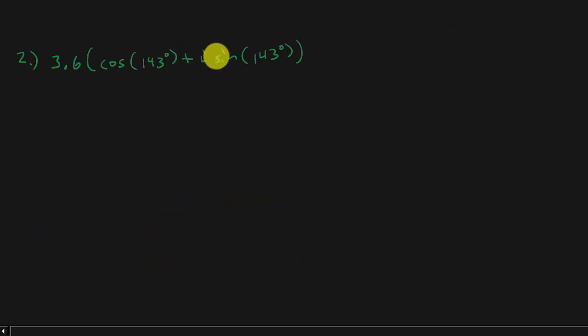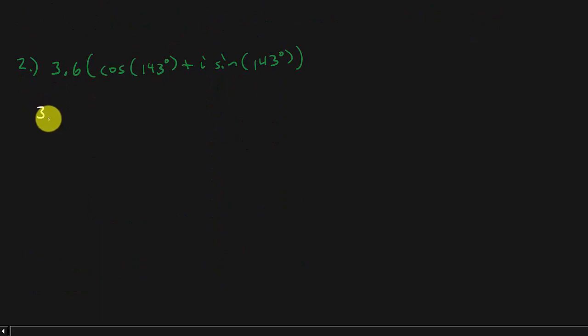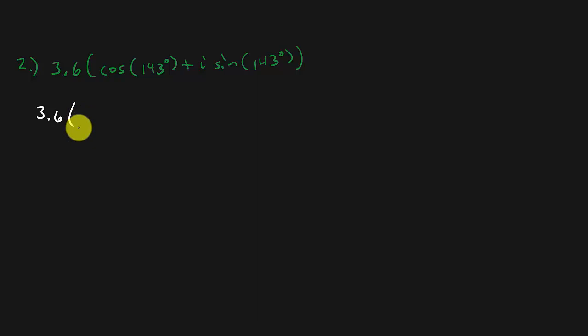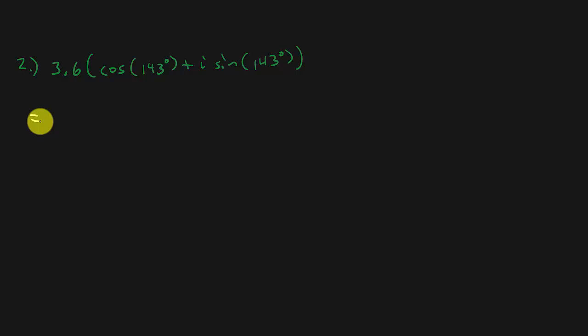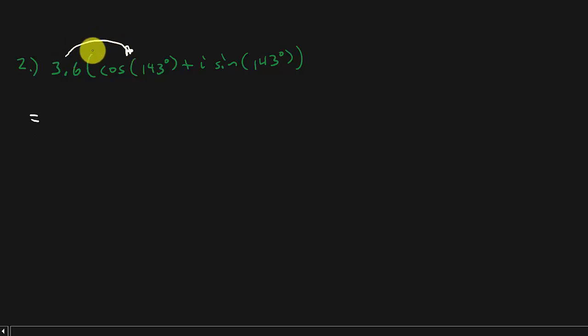All right, so what about this one? Oh, goodness. So we got 3.6 times cosine of 143. So this we have to plug into our calculator. Let's just plug it all into our calculator. I'm typing in 3.6 times cosine of 143, because I'm going to multiply 3.6 times this, and then I'm going to multiply 3.6 times this.